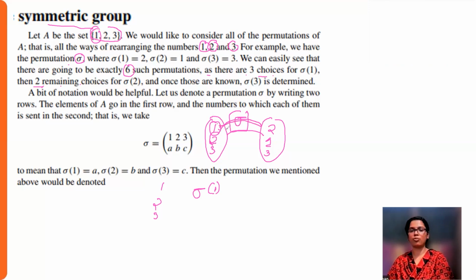Number 1 can go to 1, 2, or 3. Similarly, when the choice for number 1 is fixed, number 2 has the other 2 choices, right? And when the choice of 2 is fixed, 3 has only 1 remaining choice.